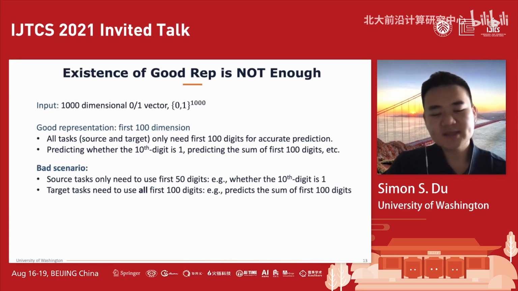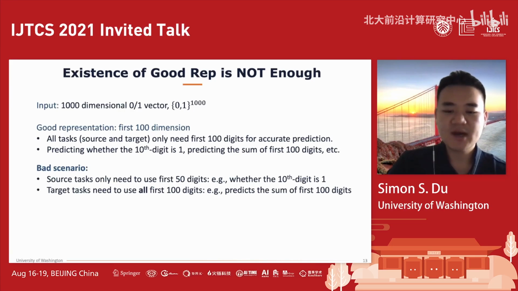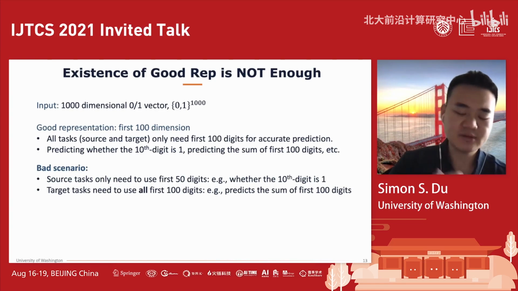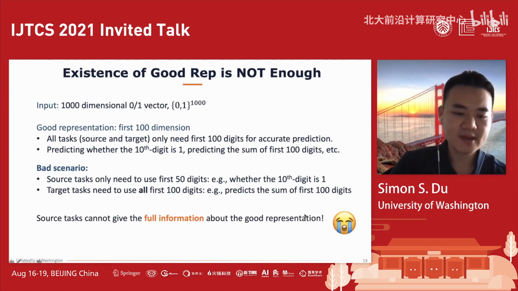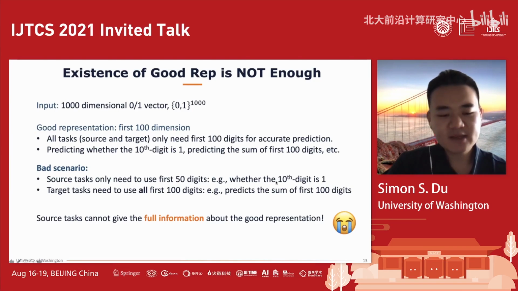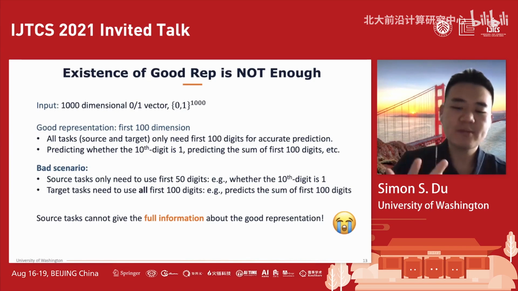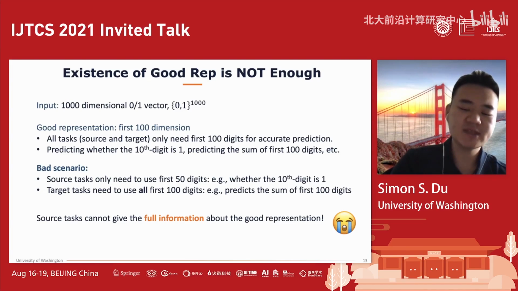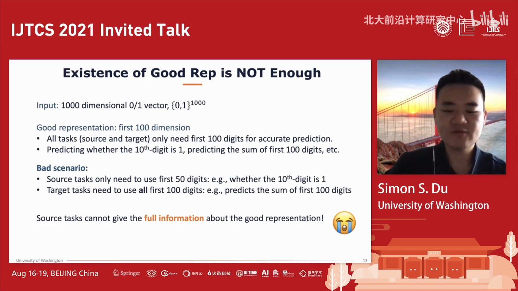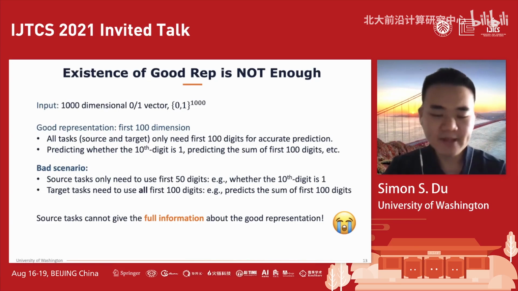However, the target task needs to use all the first 100 digits, for example, predicting the sum of the 100 digits. So in this bad scenario, you know that the first 50 digits are useful, but you don't know whether the 51st to the 100th digits are useful, so you do not use that information effectively. Basically, in this setting, the source task cannot give the full information about the good representation. The full information in this problem is the first 100 digits, but the source task only gives information about the first 50 digits.